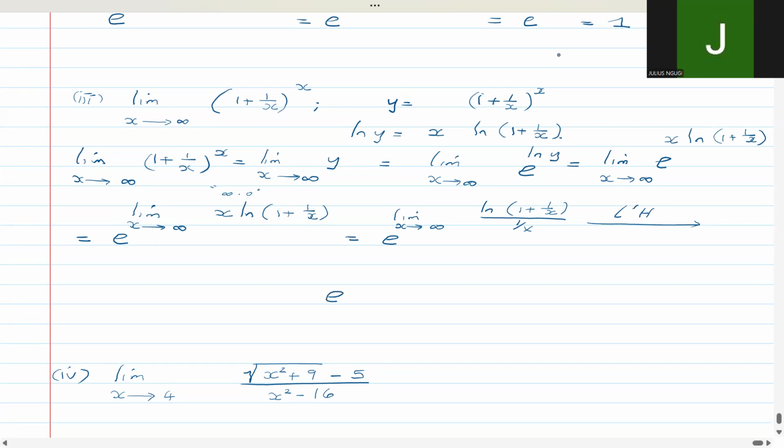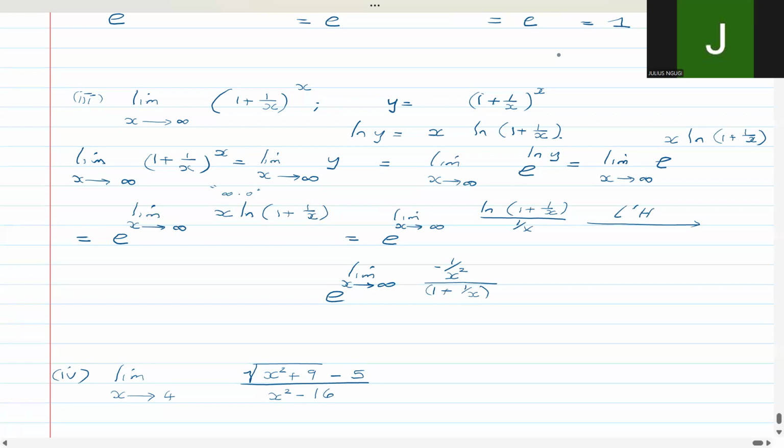we have this as exponential limit as x approaches infinity. Let's find the derivative of the numerator, ln of 1 plus 1 over x. So the derivative using chain rule is the derivative of the inside part of ln, which is minus 1 over x squared, divided by that inside function, 1 plus 1 over x, sorry.